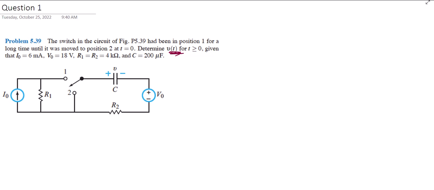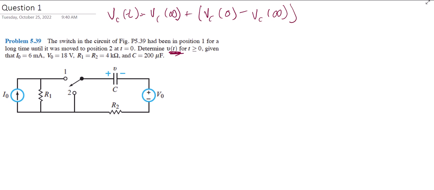Okay, so it's an RC circuit, and so we're looking for voltage, and you should just get in the habit of writing this: Vc of t equals Vc at infinity plus Vc at 0 minus Vc at infinity, times e to the minus 1 over tau times t.